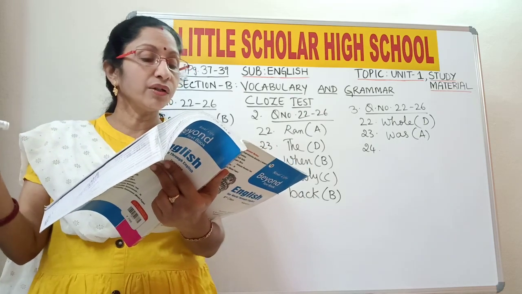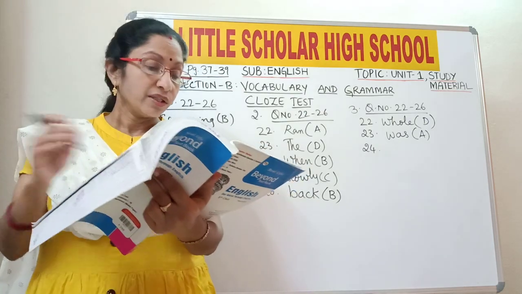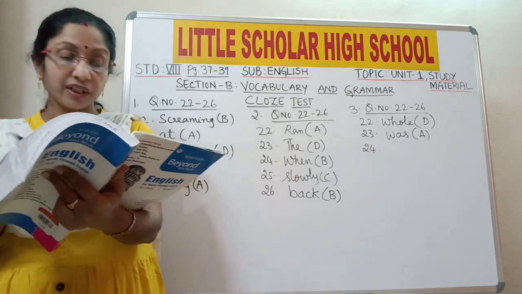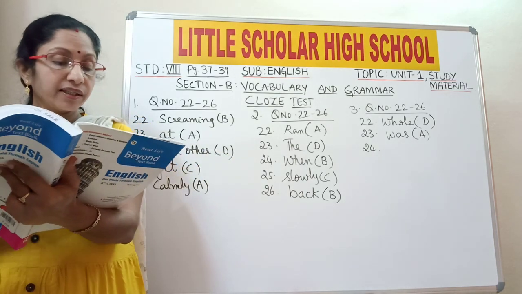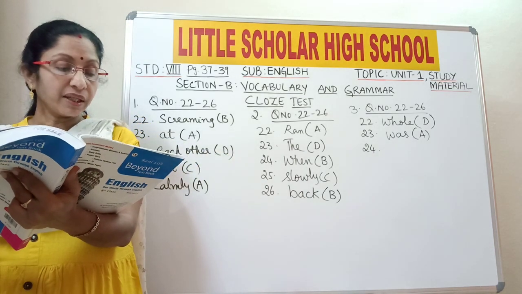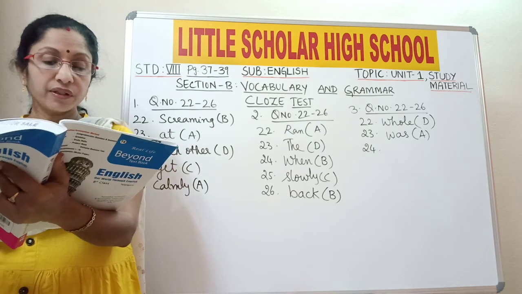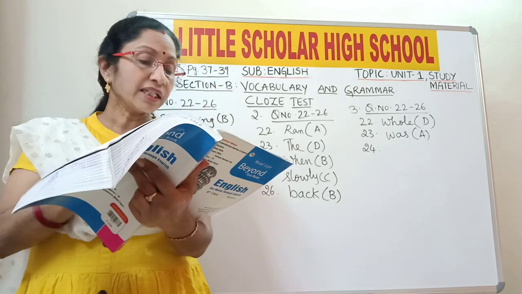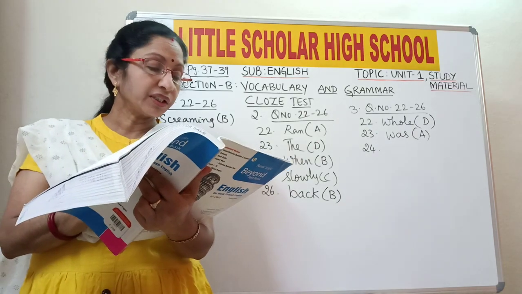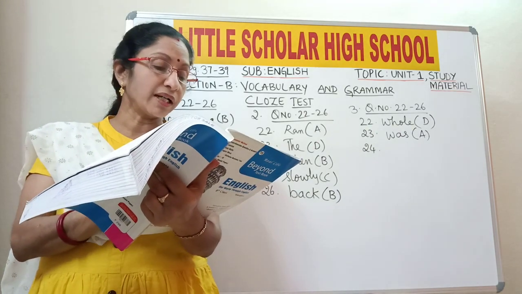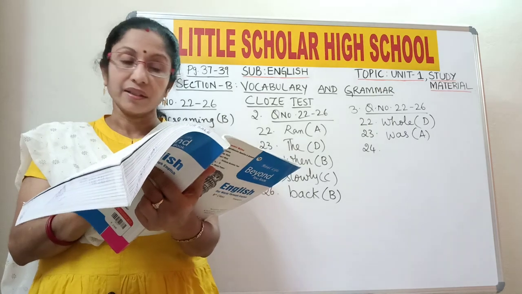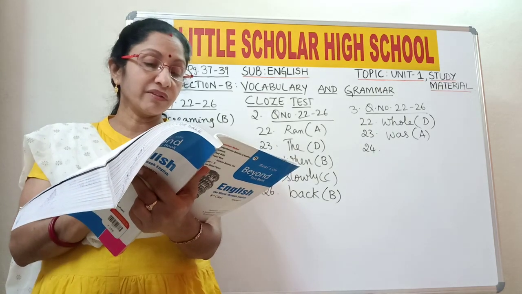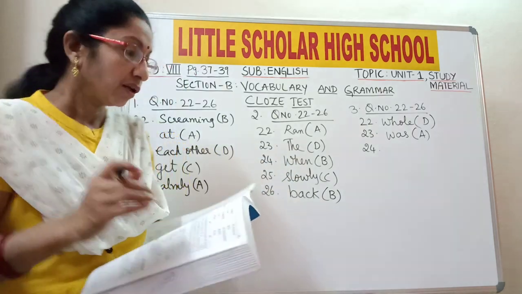Wondered whether we would know it when we got there. So there should be a conjunction here. Let us see the options. Option A, but; option B, if; option C, and; option D, or. All these are conjunctions, but here the suitable conjunction which can be used is and, option C.